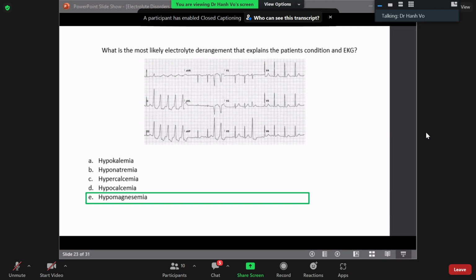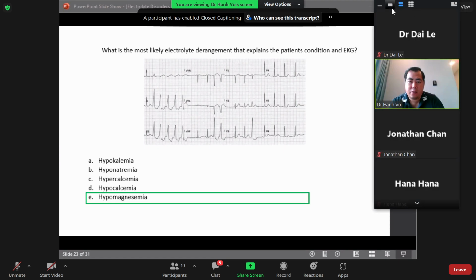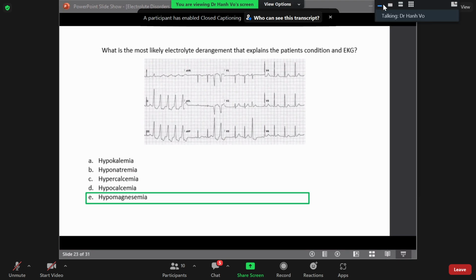Normal serum magnesium level is generally considered to be 0.8 to 1 millimole per liter. Hypomagnesemia is defined as a magnesium level lower than 0.8 millimole per liter and is associated with QT interval prolongation and risk of ventricular arrhythmias.